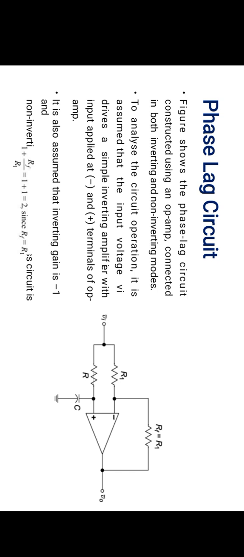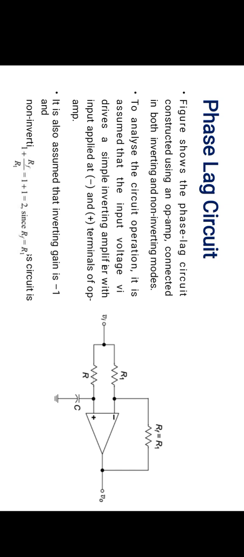Figure shows the phase lag circuit constructed using an op-amp connected in both inverting and non-inverting modes. To analyze the circuit operation, it is assumed that the input voltage Vi drives a simple inverting amplifier with the input applied at negative and positive terminals of op-amp.